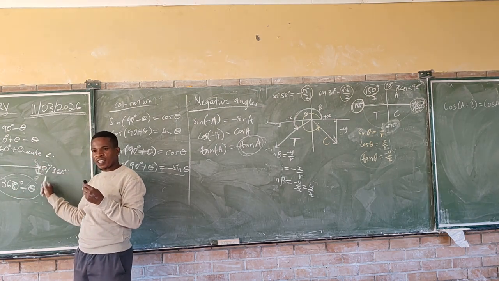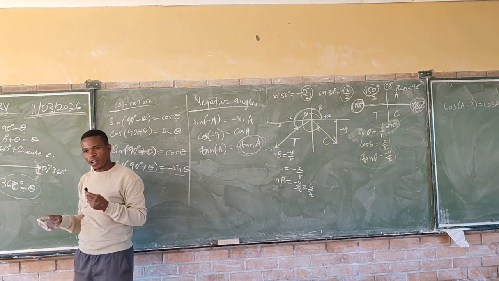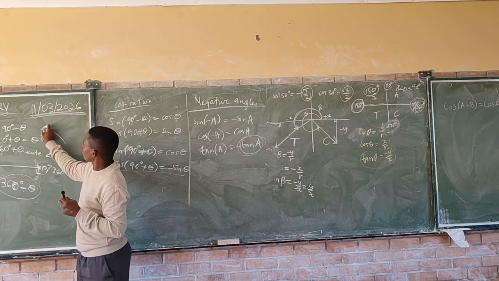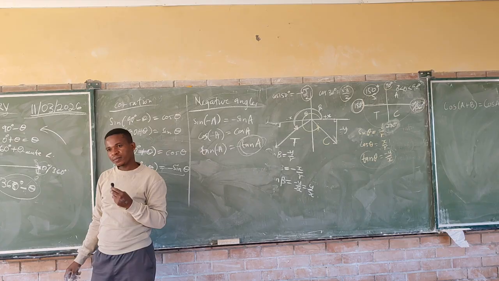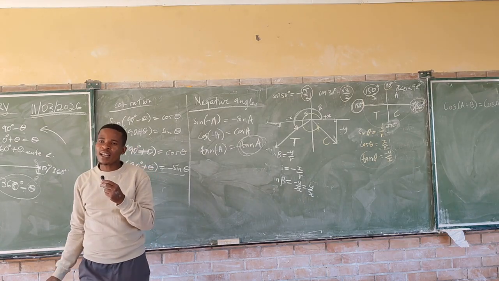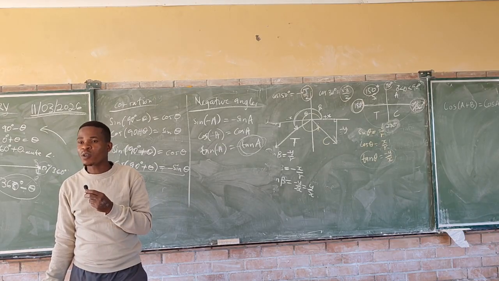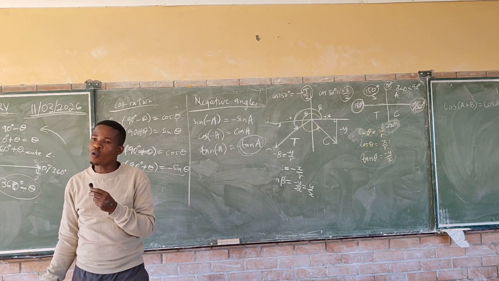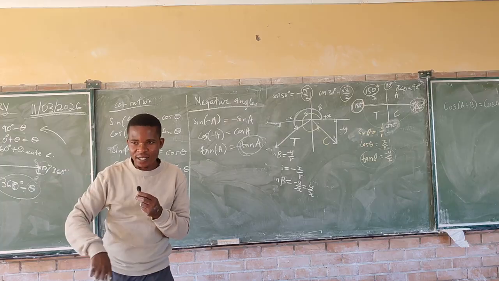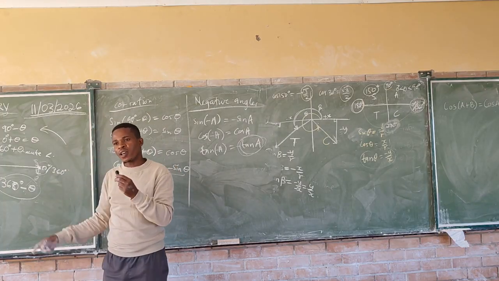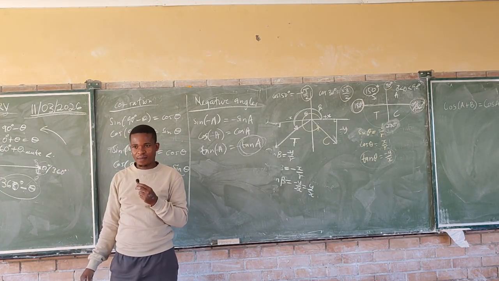So when you are moving the other way around, take this in your mind. When you are moving in that direction, it is anti. Anti means opposite. That's what anti is. Then we measure the positive angles.